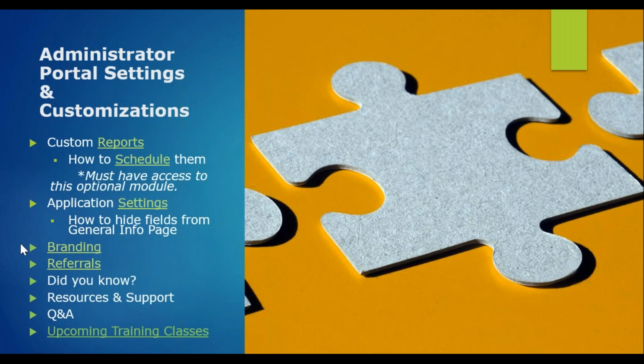If you're not using the module, you can always contact our sales team and they can help you upgrade your current subscription. Okay, so today we're gonna go over all these settings, and later we're gonna have a did you know question, and I'll go over the resources and support, and if you have any questions, we can go over those as well.